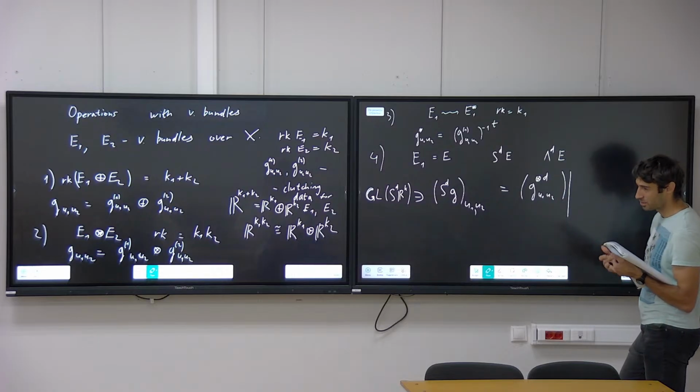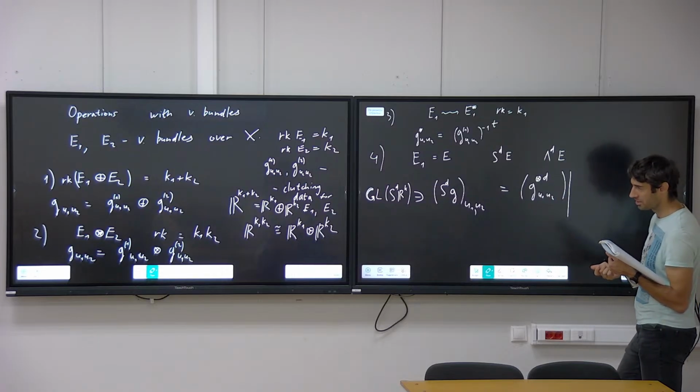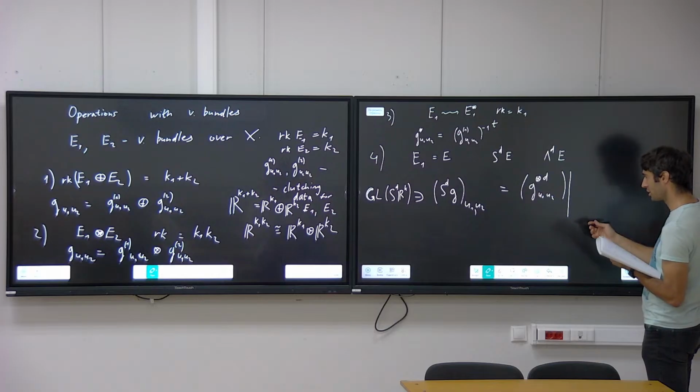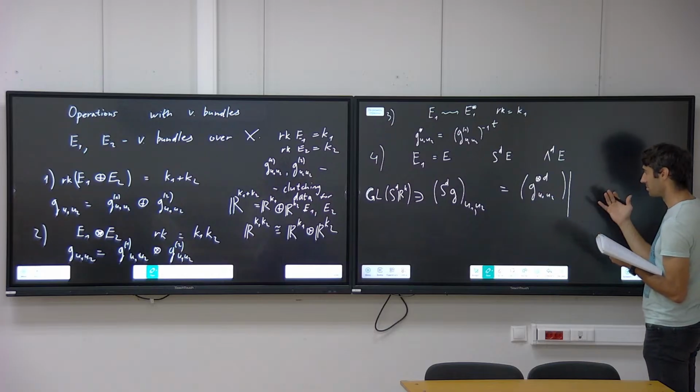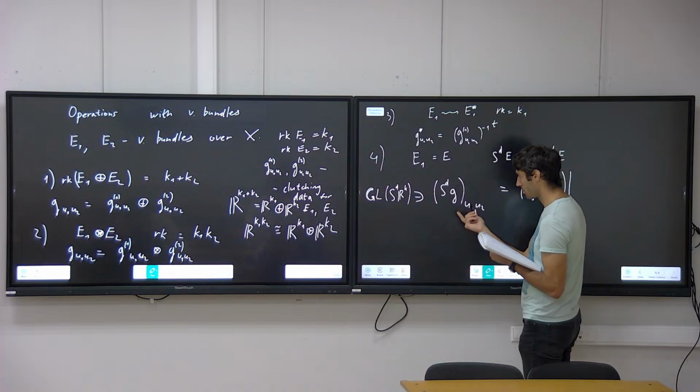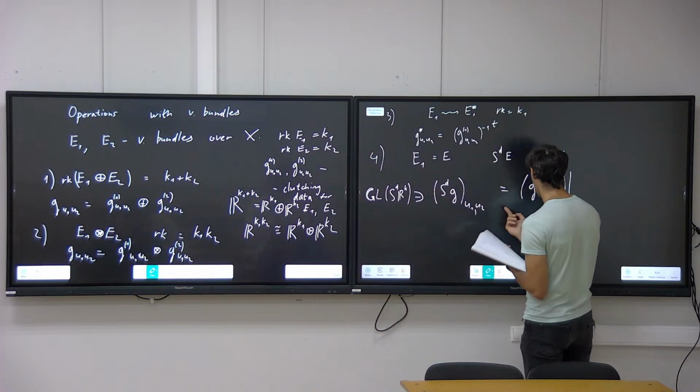So, in other words, the action of GL commutes with the action of permutations. That's called Schur-Weyl duality, and so I can restrict it to any subrepresentation.